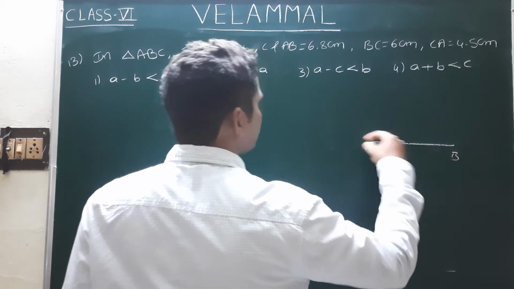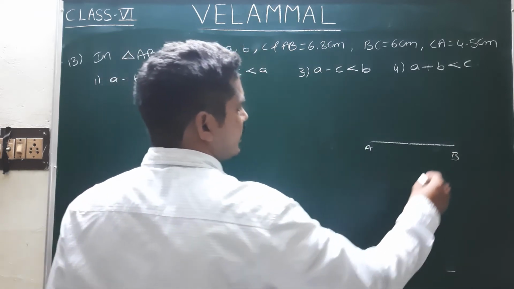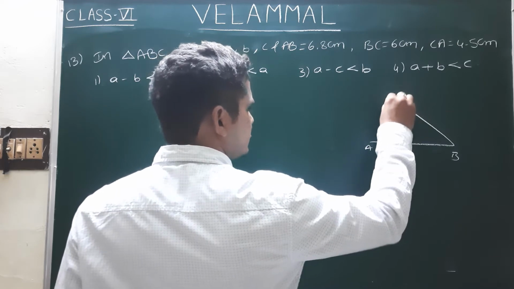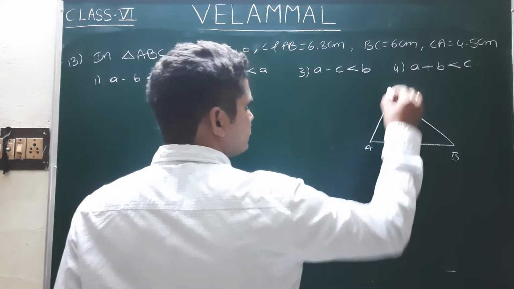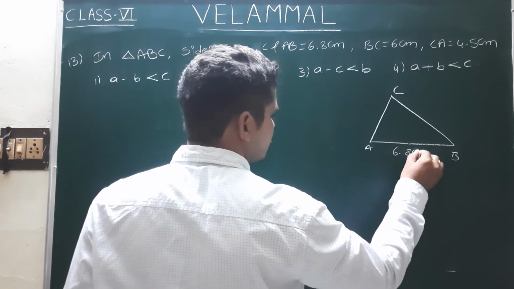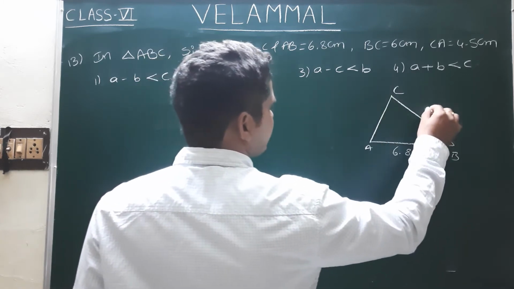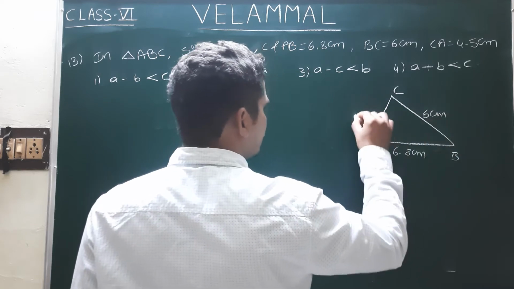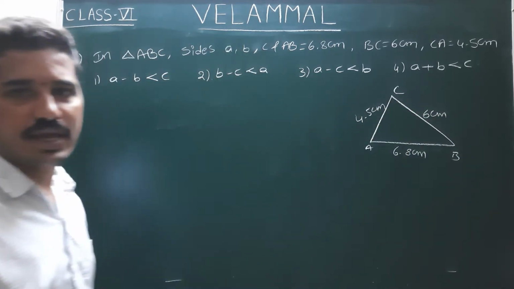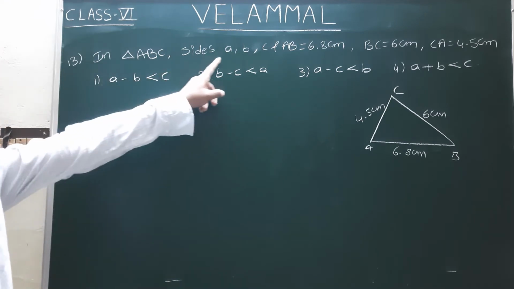AB is the longest side in the triangle, and next BC and then CA. AB is given as 6.8 centimeter, BC is given as 6 centimeter and CA is given as 4.5 centimeter. Now the triangle is given with the sides ABC.